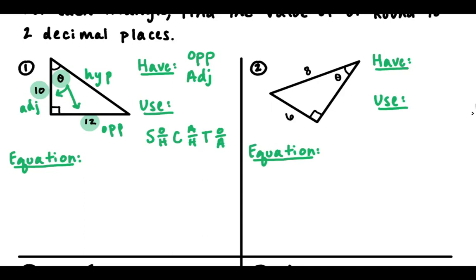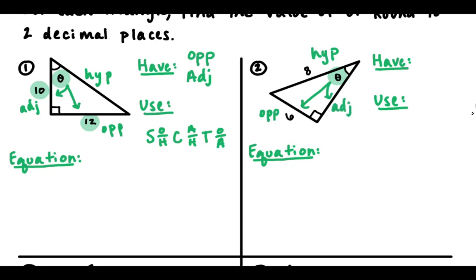Okay, let's label our second triangle. So our theta is here. Start with the hypotenuse, which is across from 90. So 8 is our hypotenuse. Then we go across from theta for our opposite side. So opposite is 6. And then our blank side is adjacent.